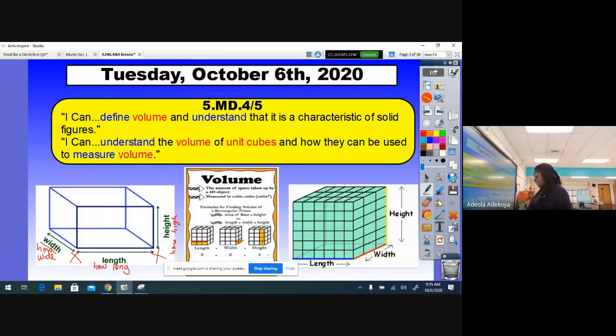We've got length times width times height, how high, and that tells us what the volume is. Here again, look at the length over here, how long it is, times the width, how wide it is, times the height, how high it is. That tells us how much space is in the container.